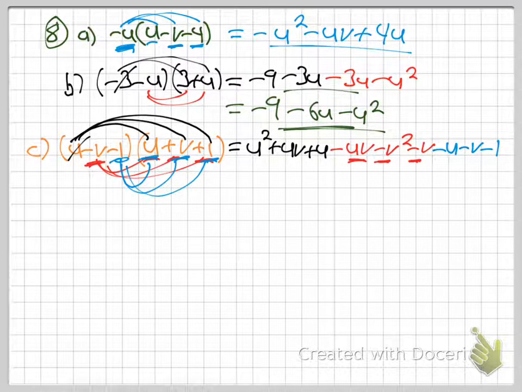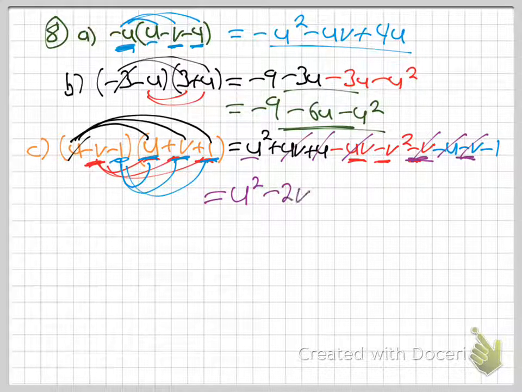All right, now we have to combine like terms with all that stuff. So here we go. u squared, I'm going to underline them as I go. uv and minus uv, those cancel, don't they? And u and minus u cancel. And minus v and, oh no, careful, they don't cancel. Minus v and minus v makes minus 2v there, doesn't it? And minus v squared and minus 1. So there we go.